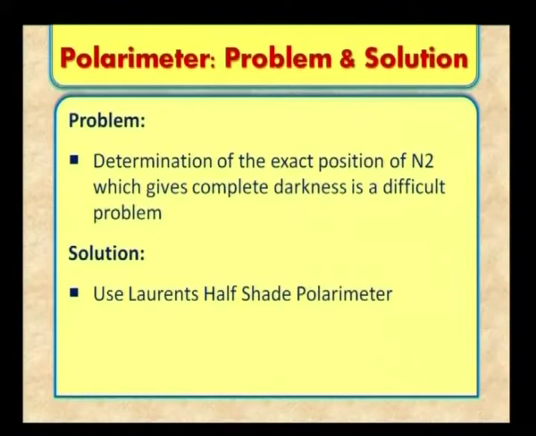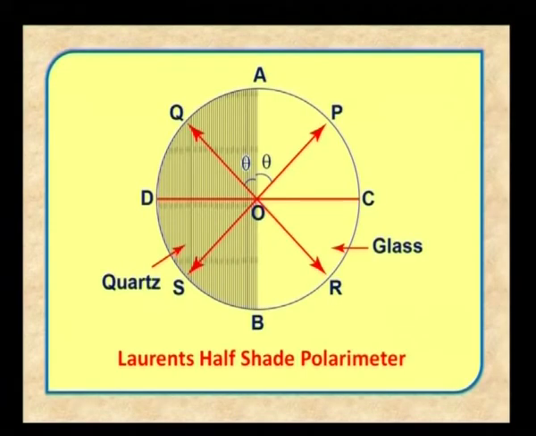Therefore, the solution to the problem is to use a Lorentz half shade polarimeter. Now, let me tell you what is meant by a half shade polarimeter or a half wave plate. This plate that you have here, which is made up of quartz, is a half wave plate.